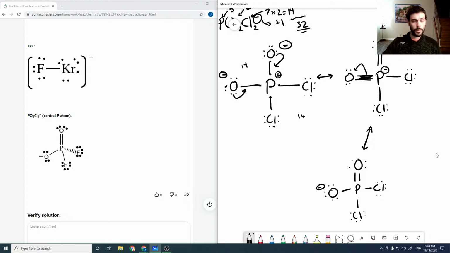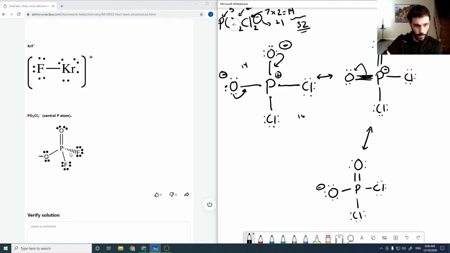Yeah, so that would be fine as well, actually. Phosphorus is still hypervalent because it has 10 bonds, but that's fine. And the charge is only on one atom, so I would think it would be happier than in this fully charge separated case.